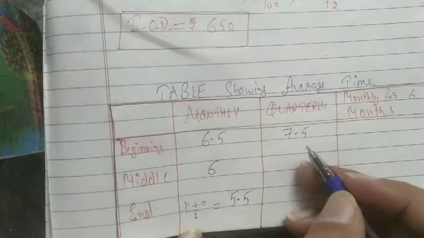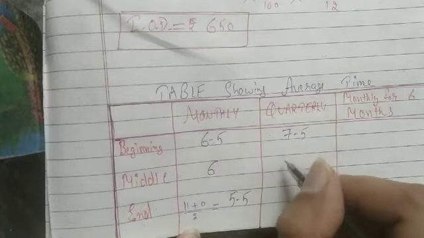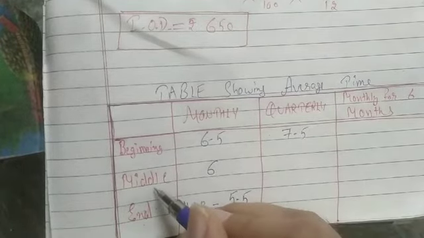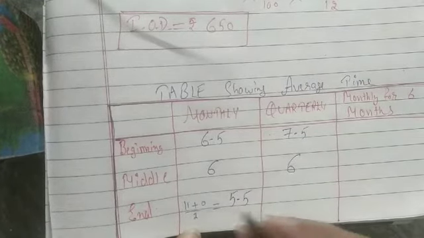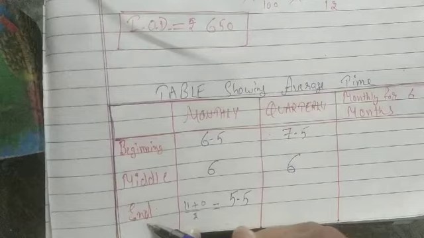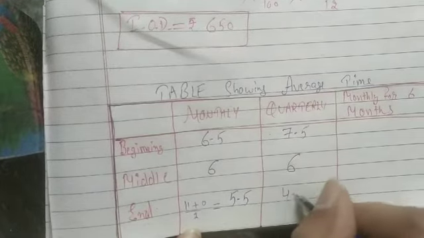You can check. Fine. And if he is making quarterly drawings in the middle of every quarter, average time you will have 6 months. If he makes drawings in the end of every quarter, you will have average time 4.5 months.